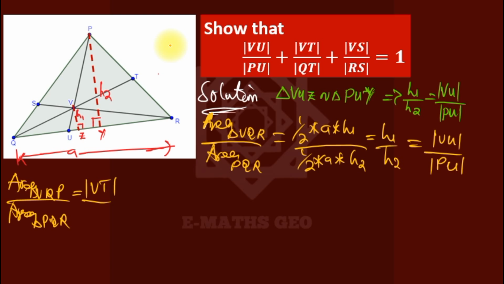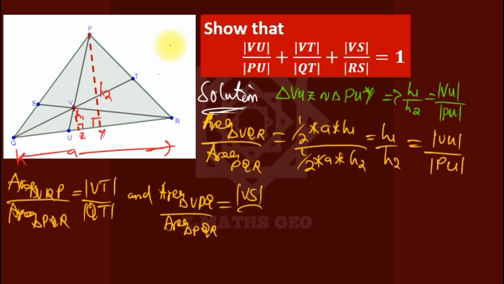And the last two triangles, we have the ratio of triangle VPQ to that of the big one, triangle PQR, will be VS over RS.